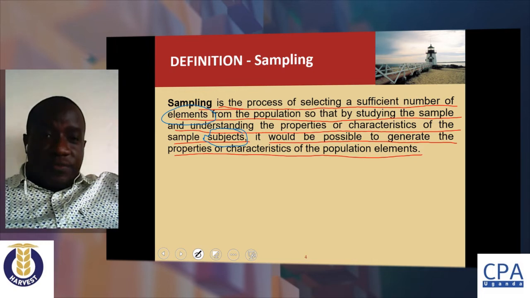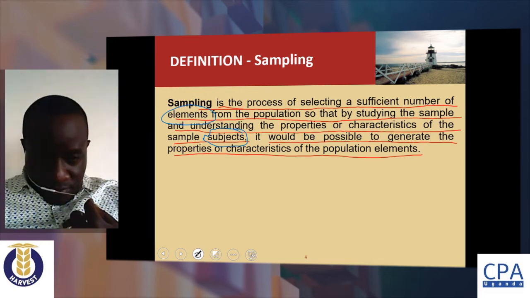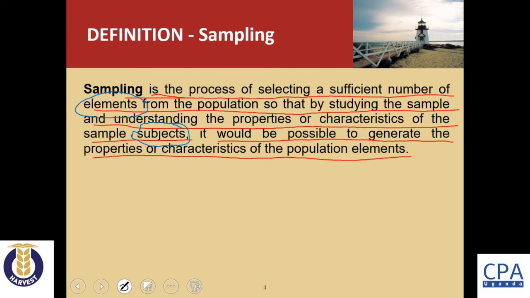So you select a few members of the sample, and then by studying these members, you are in position to look at the properties and characteristics of the sample subjects. The properties and characteristics of the sample subjects will ideally reflect the properties and characteristics of the population.